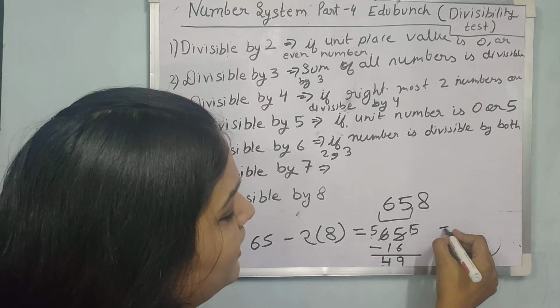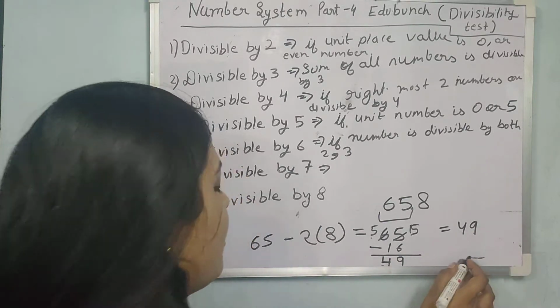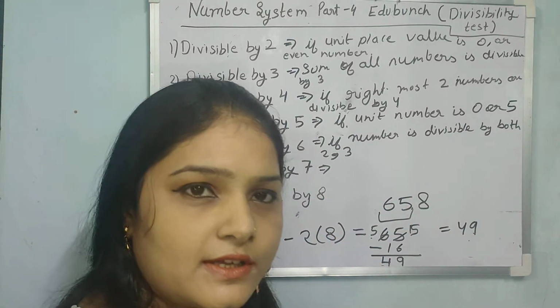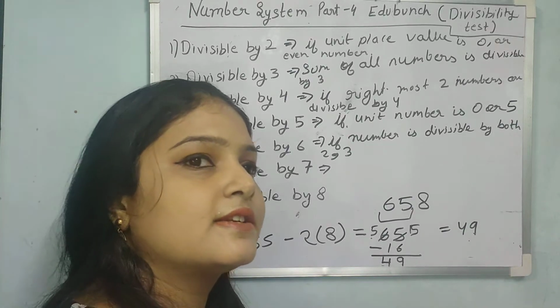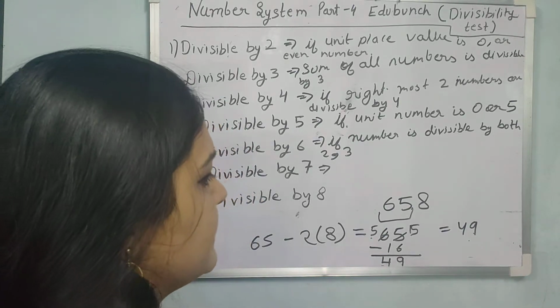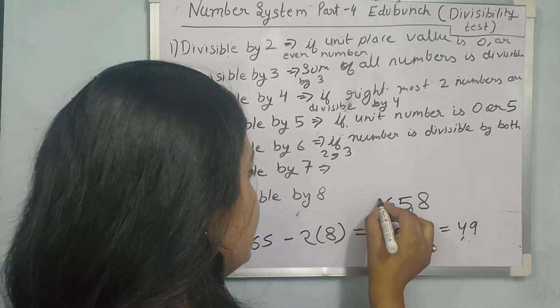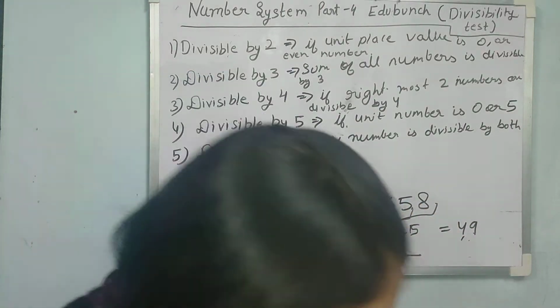We get 49 after solving this, and we all know 49 is a multiple of 7 because it comes at the 7th time in the table of 7. So we can say yes, this number 658 is a multiple of 7.